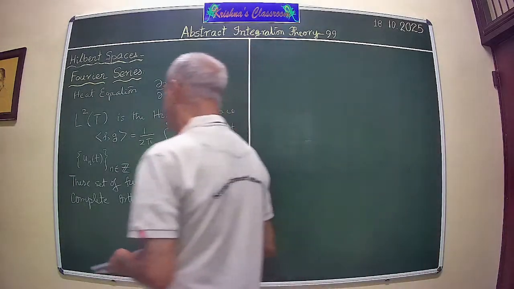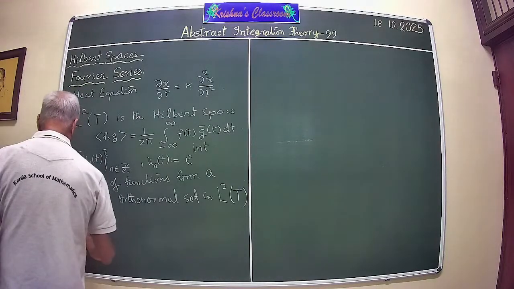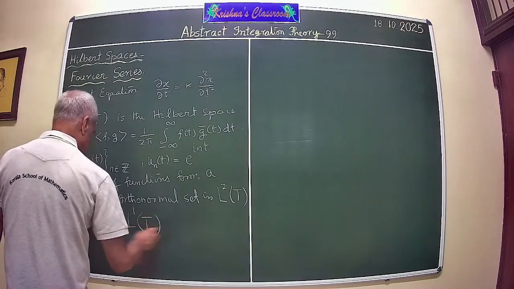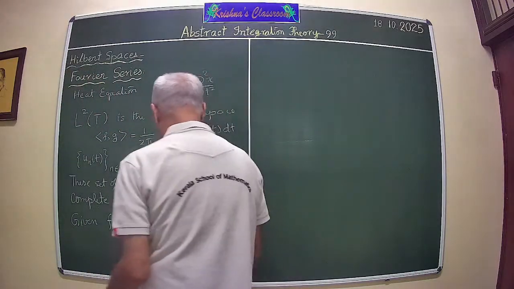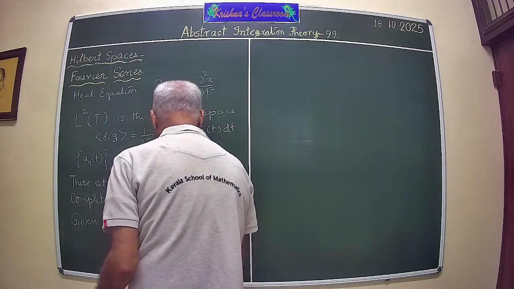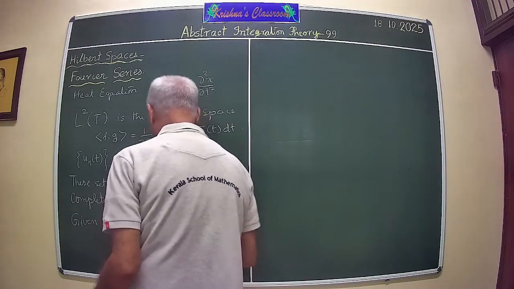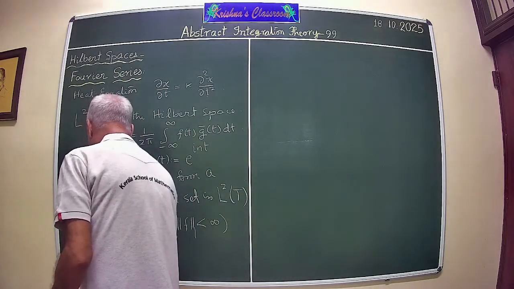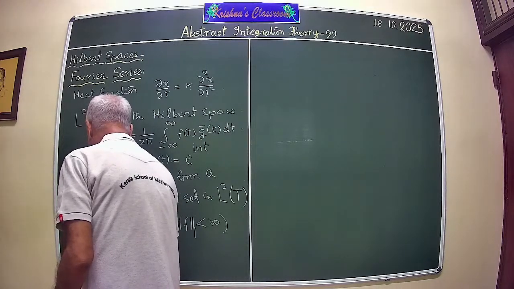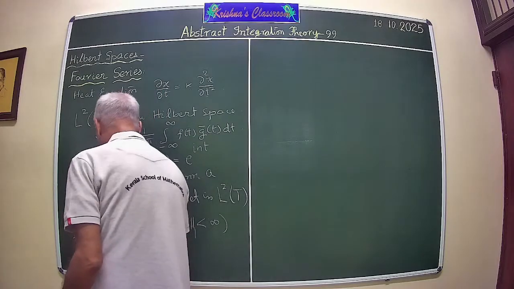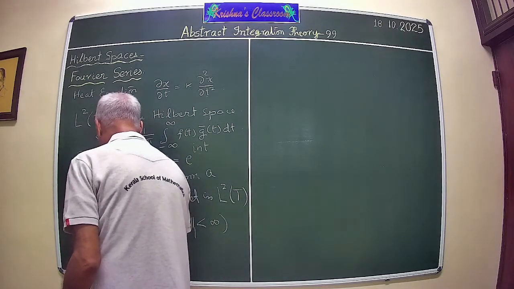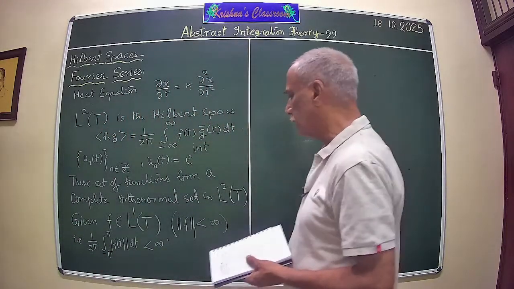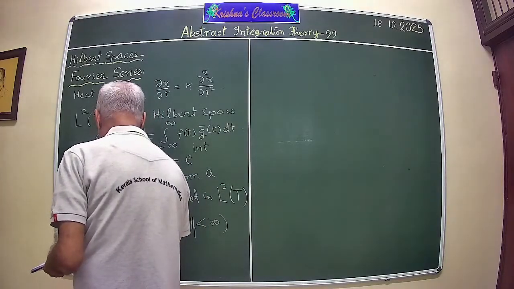Now you see that given f belonging to L1, L1T is with the, that is 1 upon 2 pi integral of mod f, this is the condition, and this is the one that we designate by norm of f.